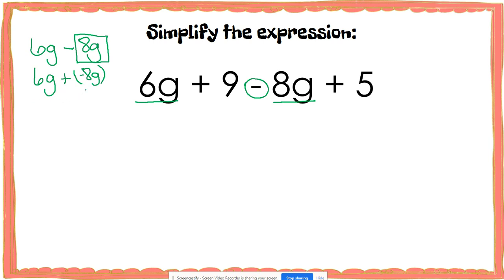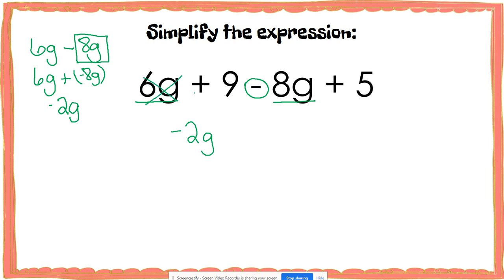Well, I have a negative plus a positive, which means I actually need to subtract my absolute values. So I would subtract 8 minus 6, which would give me 2, and I would keep my variable of g. Since 8 is larger than 6, I'm going to keep the sign from 8, which is negative. So 6g minus 8g will give me negative 2g.